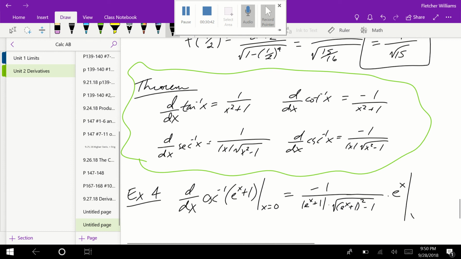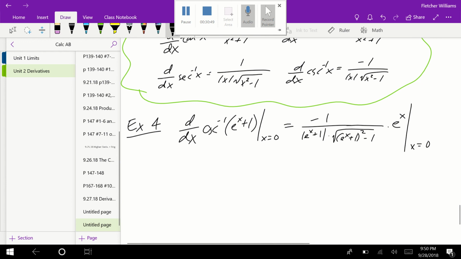Don't forget we're evaluating at x equals 0. So for the next step, you can just plug in 0. So negative e to the 0 over absolute value e to the 0 plus 1 times the square root of e to the 0 plus 1 squared minus 1.